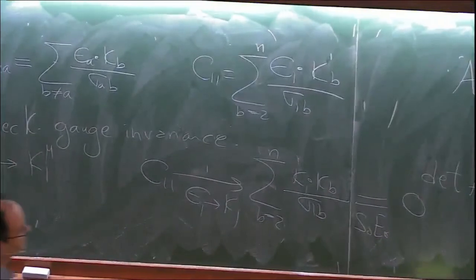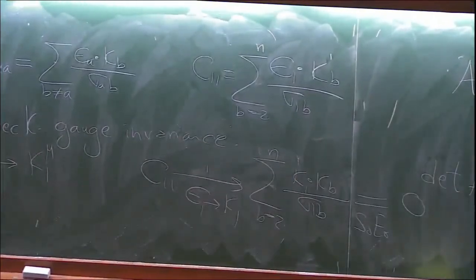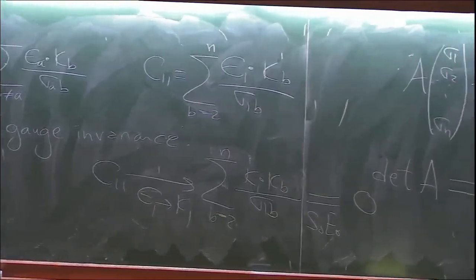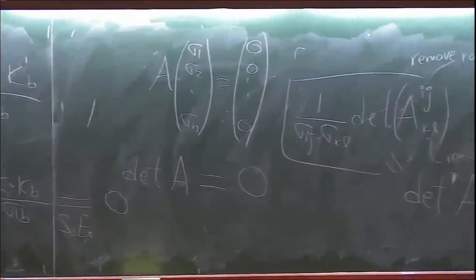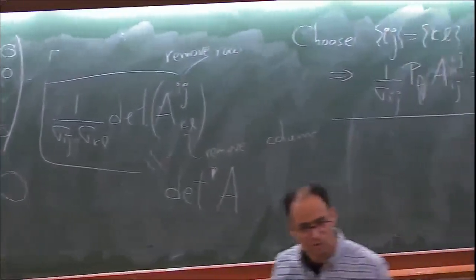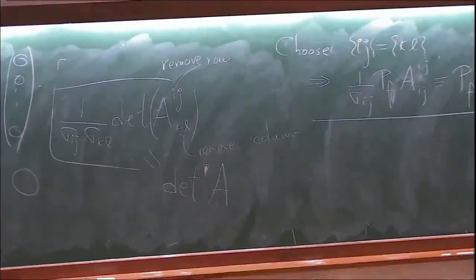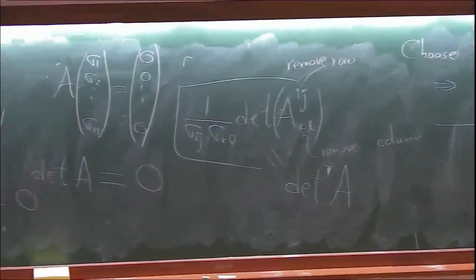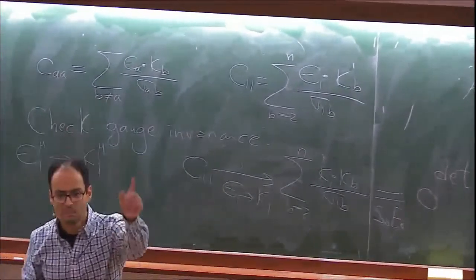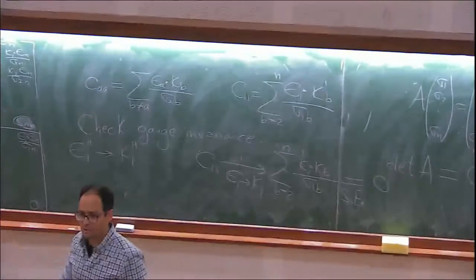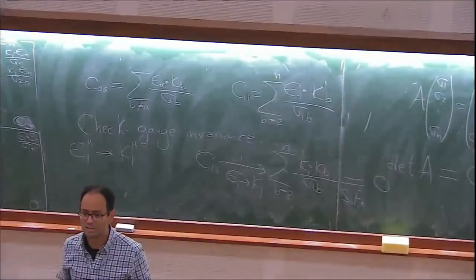So let's now complete the story by giving you the exercise of showing that not only the vector 1, 1, 1, 0, 0, 0 is a null eigenvector of this object, but also the one sigma 1, sigma 2, sigma n, and then 0, 0, 0 is also a null eigenvector of this matrix on the support of the scattering equations.